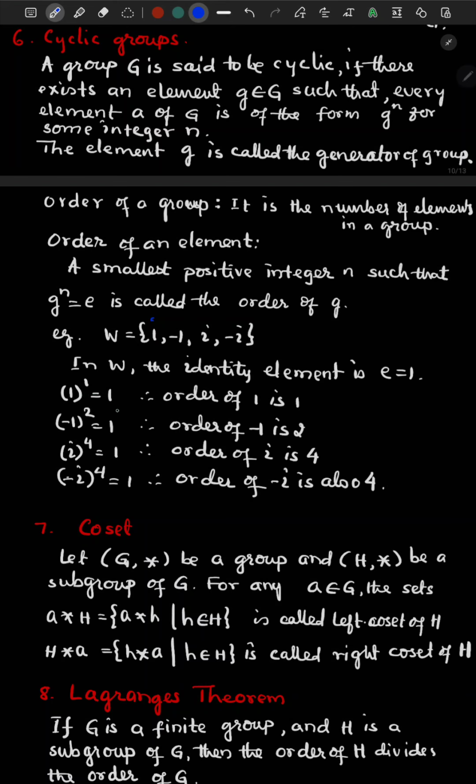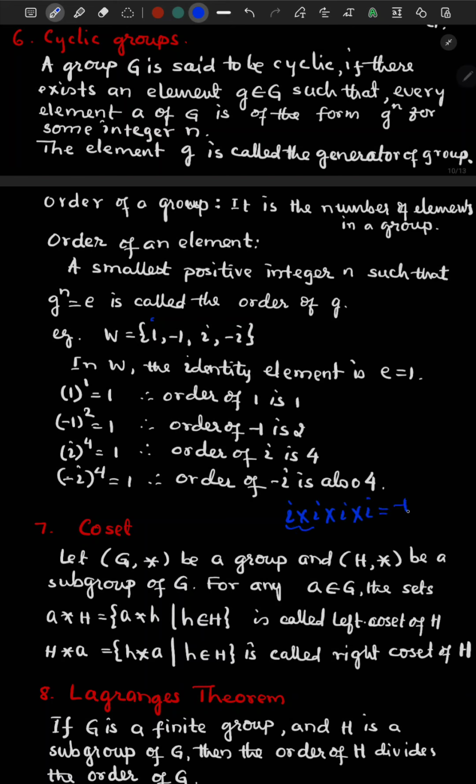Only once. So the order of 1 is 1. Now how many times do you have to multiply minus 1 with itself to get the identity element 1? Minus 1 into minus 1 gives you 1. So the order of minus 1 is 2. And the order of i is 4, because i into i into i into i.